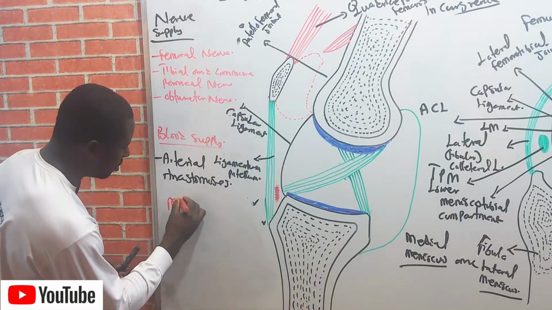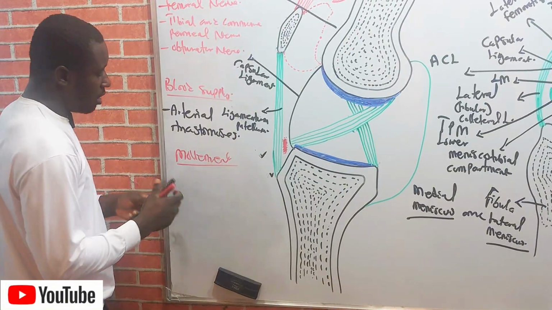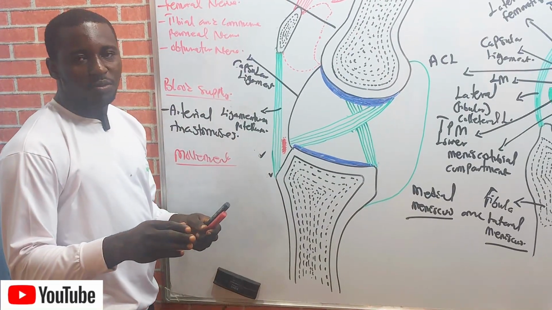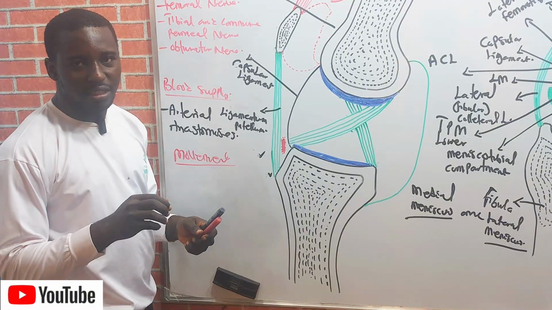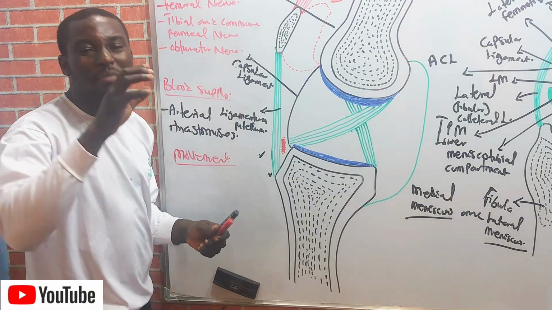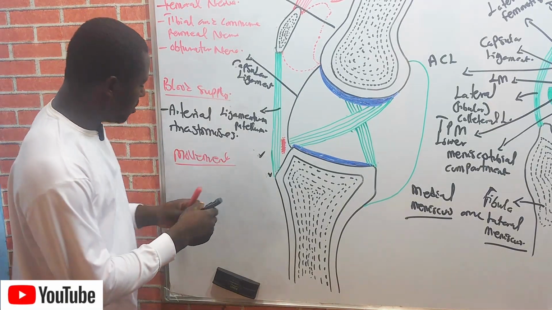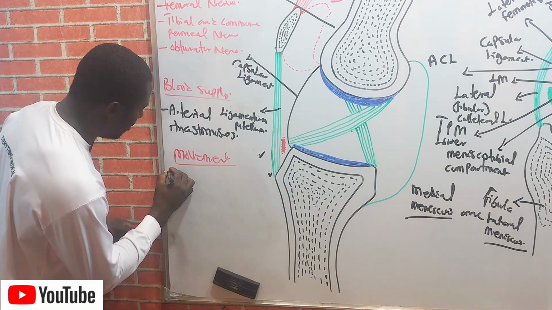The next is the movement. The knee joint performs two ranges of movement, flexion and extension. Flexion and extension is actually its main and principal movement.